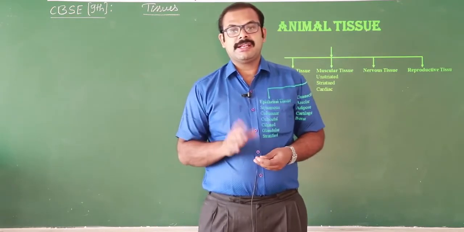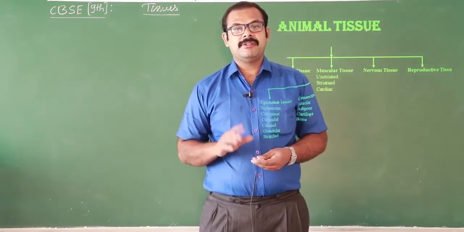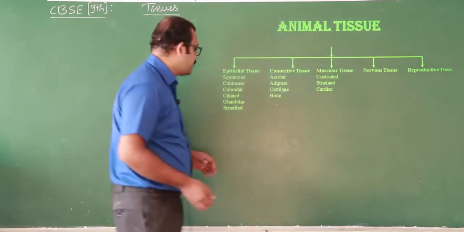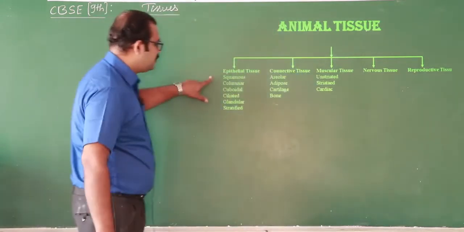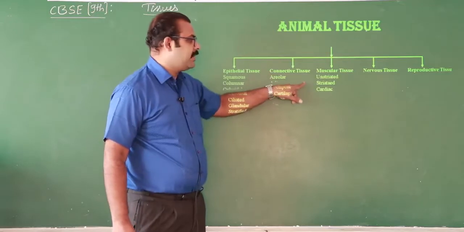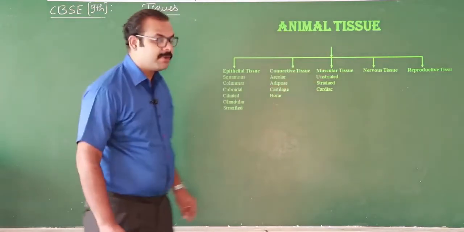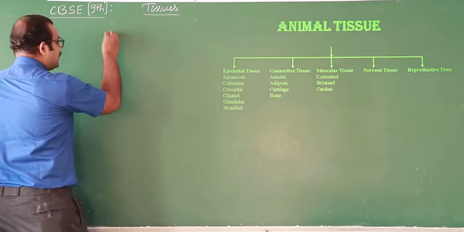Animal tissues, just like plant tissues, are of different kinds. This includes epithelial tissue, connective tissue, muscular tissue, nervous tissue and reproductive tissue. I am going to write them once again.